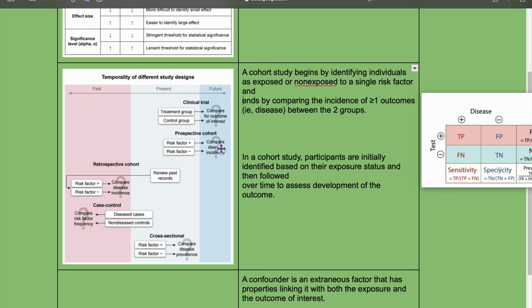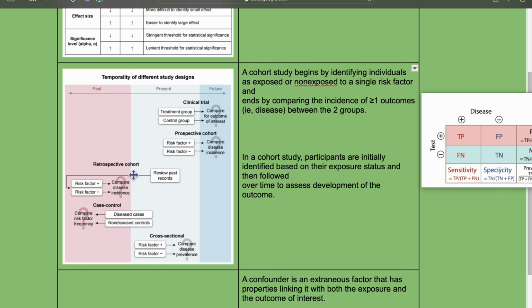After 5 years, you compare how many people in the cohort got some kind of lung disease and how many didn't, right? So that's the risk factor. If you can tell the difference between risk factor and disease, I think it's easy to figure out which type of study it is.